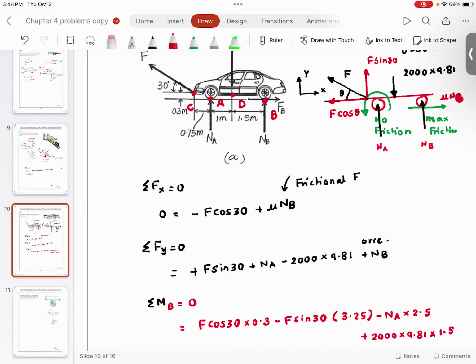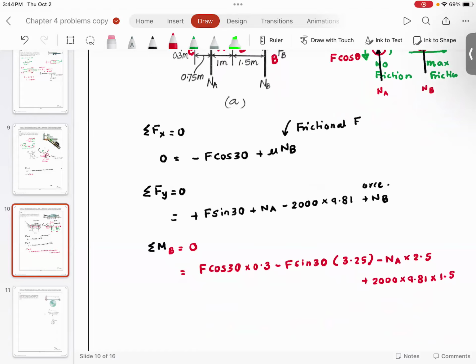So in this particular problem, there are 3 unknowns and you have 3 equations, so you should be able to solve this set of equations. Everyone understood this? Just out of curiosity, if I give you a problem like this, how would you solve it?